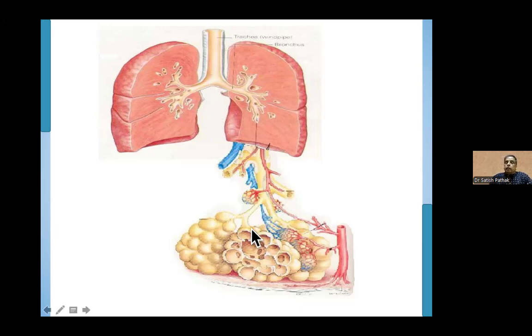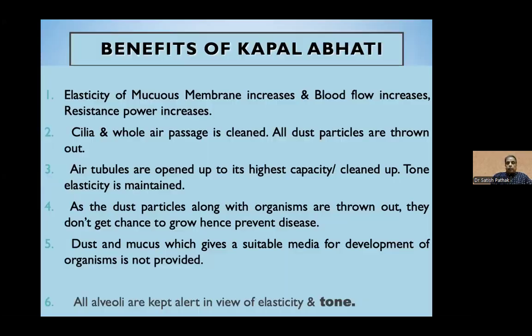So air in search of an exit will move from one alveolus to another, and it will open up more and more alveoli. So what will happen? Your lung capacity will improve. The elasticity of the alveoli will improve, and if the lung capacity improves, you can get better oxygenation. So this benefit you get by doing Kapalbhati.